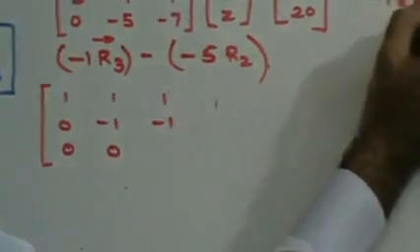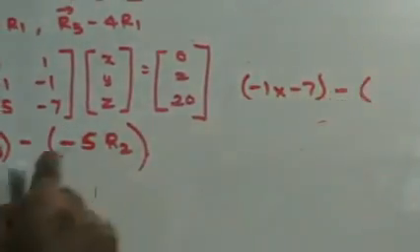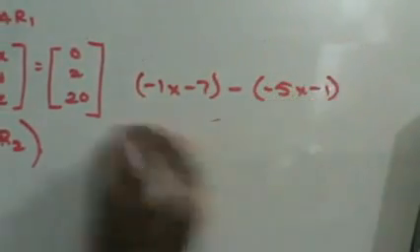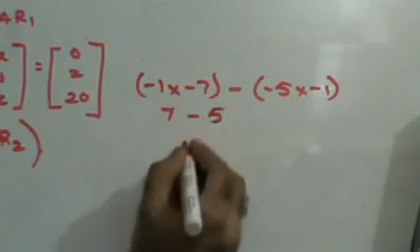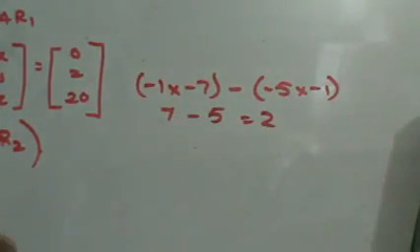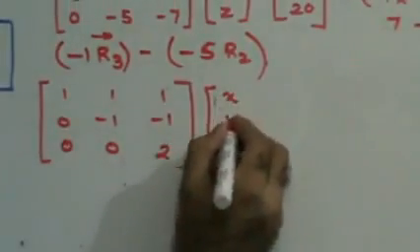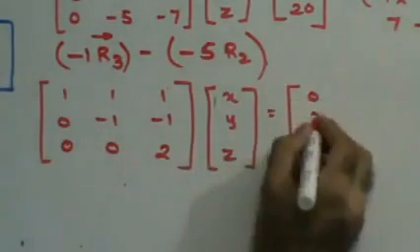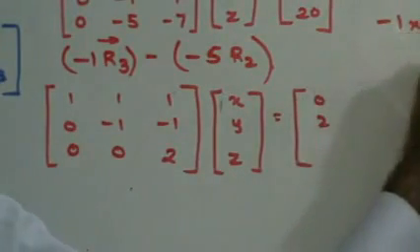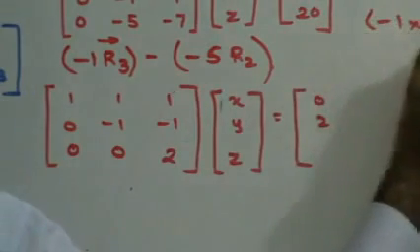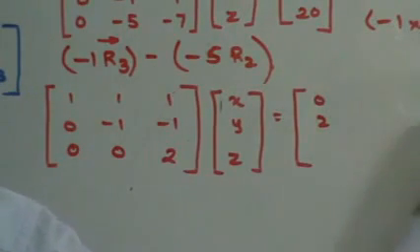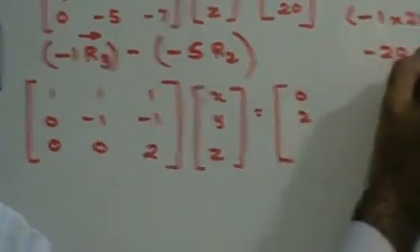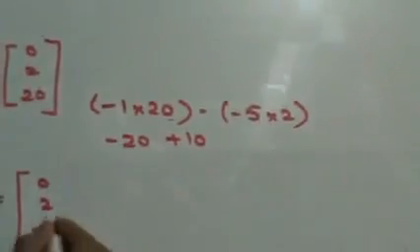Now similarly for the third element, minus 1 into minus 7 minus 5 into minus 1. So this is 7 minus 5, which will be 2. Now let's see the right hand side. This is minus 1 into 20 minus 5 into 2. So this is minus 20, minus into minus plus 10. So this will give you minus 10.